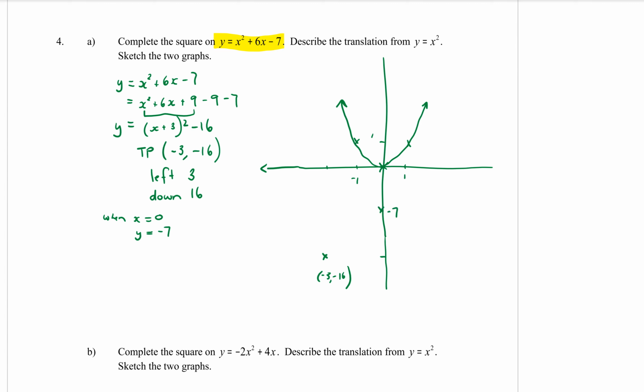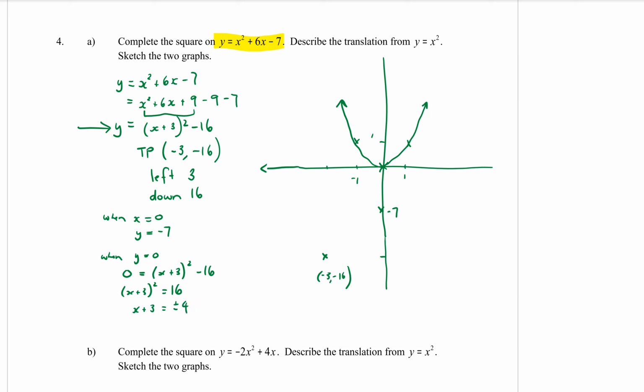To find the x-intercepts, I sub in when y equals 0. For this one, I will use my factorized by completing the square formula. So y is 0, x plus 3 squared, take away 16. Move the 16 to the other side. Square root to get rid of the squared, which means plus or minus 4.